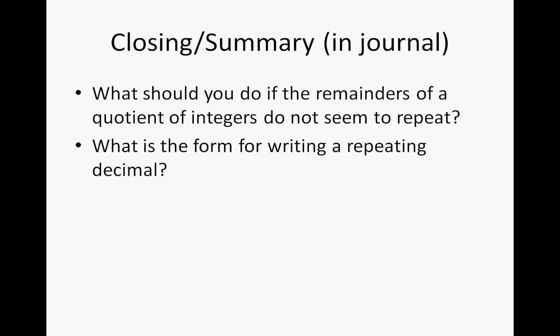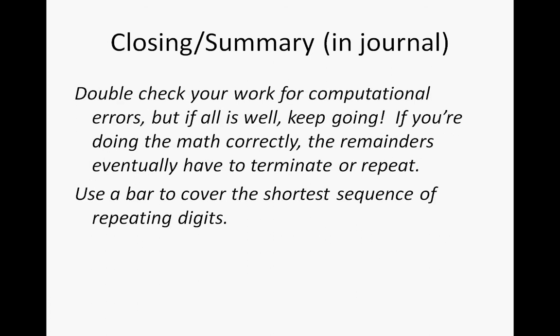How do we write a repeating decimal? Well, you want to double check your work for computational errors, but if all is well, keep going. If you're doing the math correctly, the remainders eventually have to terminate or they have to repeat. And for the second question, use a bar to cover the shortest sequence of repeating digits, which we call bar notation.